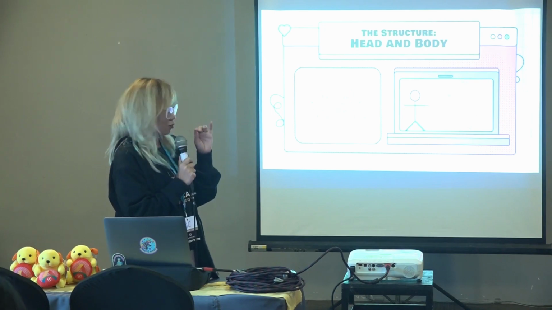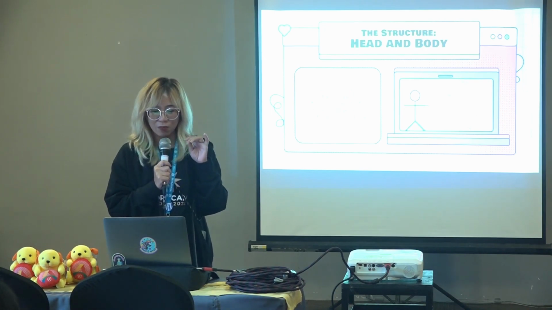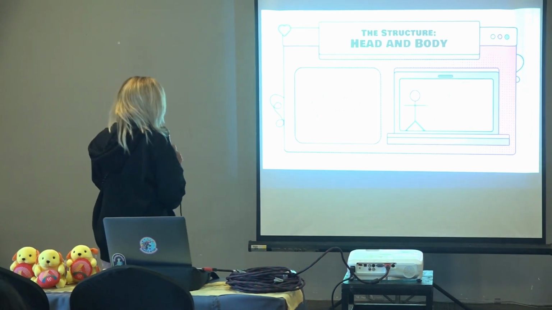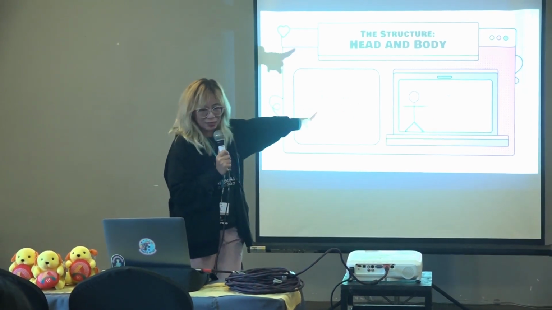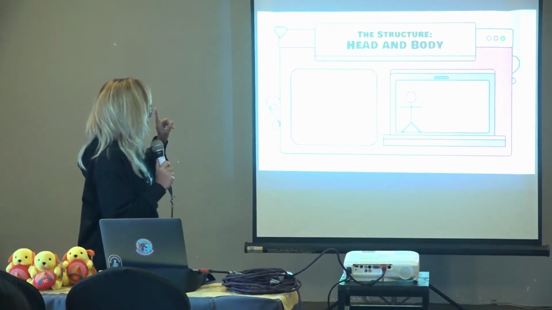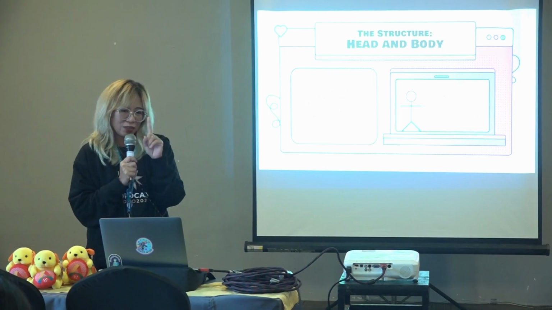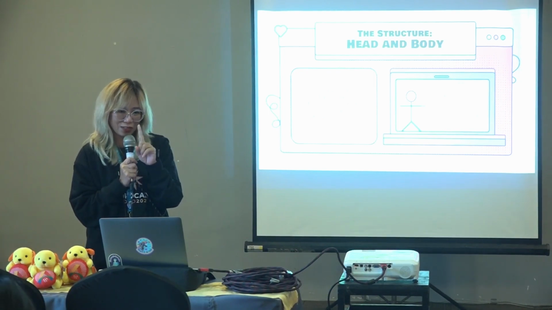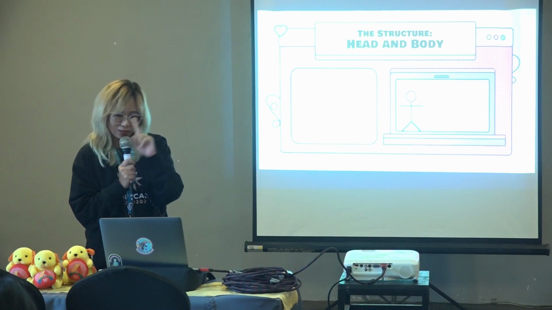Both sections work together to make your web page look great and provide information. Remember, the head is the brain and the body is the heart of your web page. And there is only one head and one body for each web page.